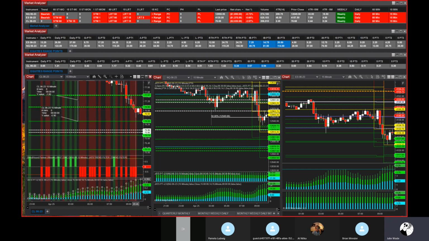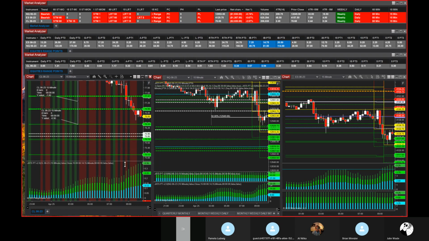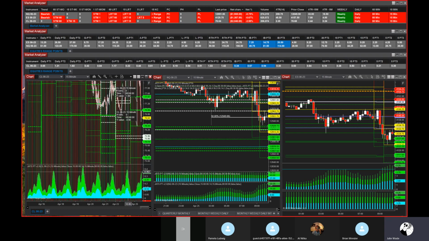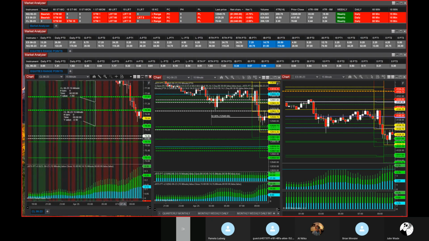And right now we're expanding. $35, so that's good. Still has room to get to 40. Maybe a little potential to get to our target of 1.5 of that range.